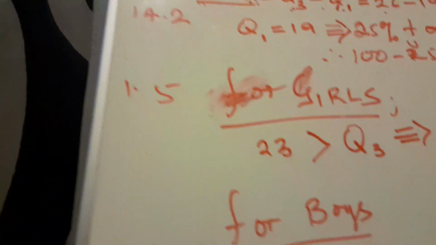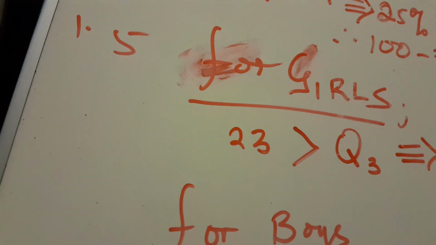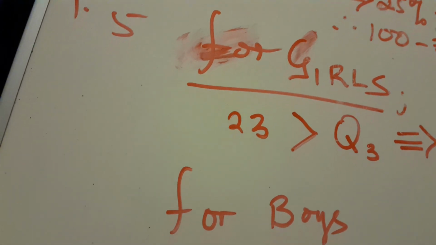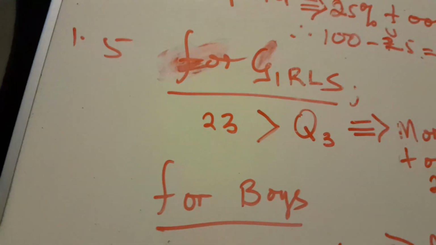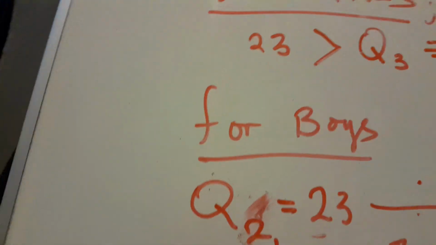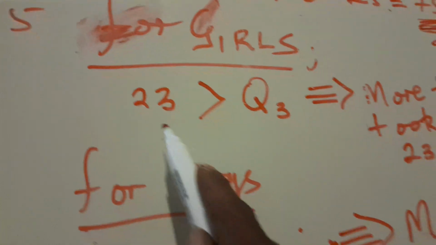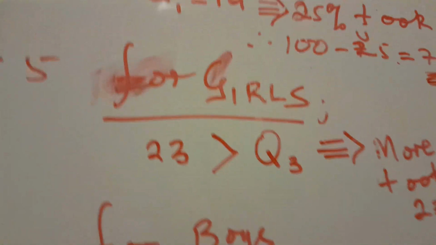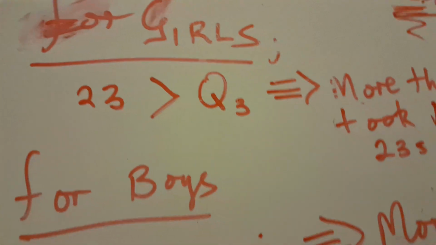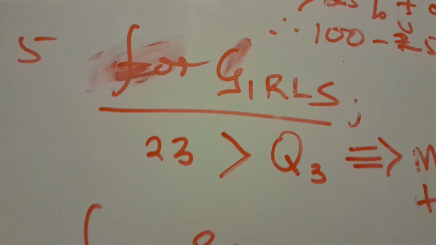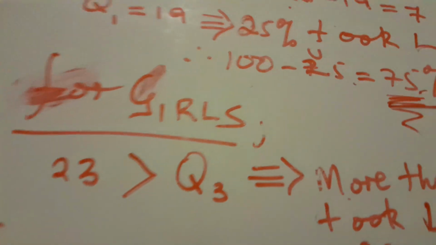Now, 1.5, in which group, the girls or the boys, did a large number of learners complete the puzzle in less than 23 seconds? Justify your answer. Now, if you go to the data for girls, you'll see that more than 75%. Our upper quartile for the girls is 22.